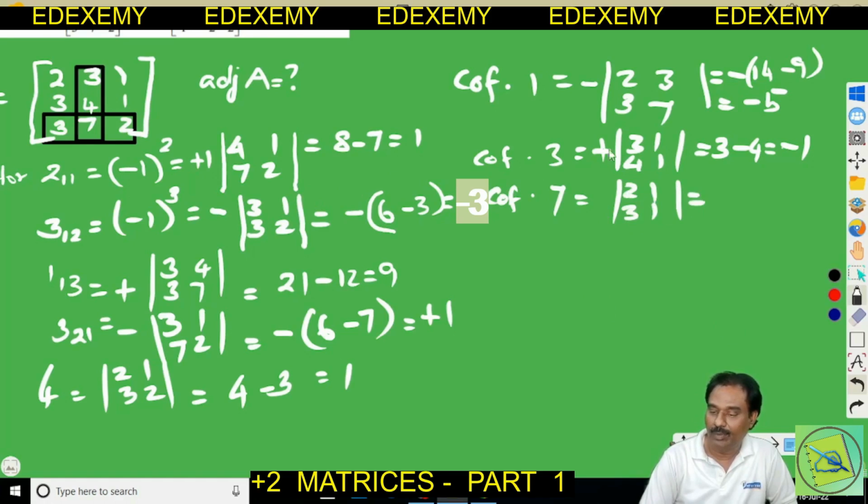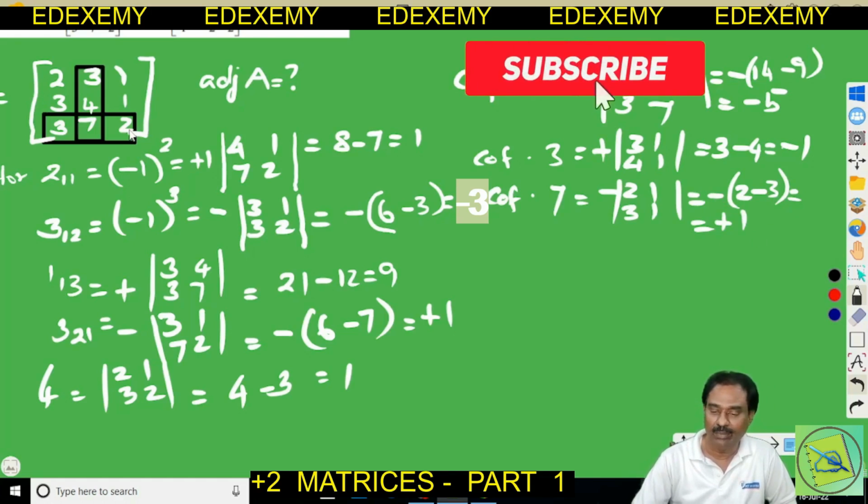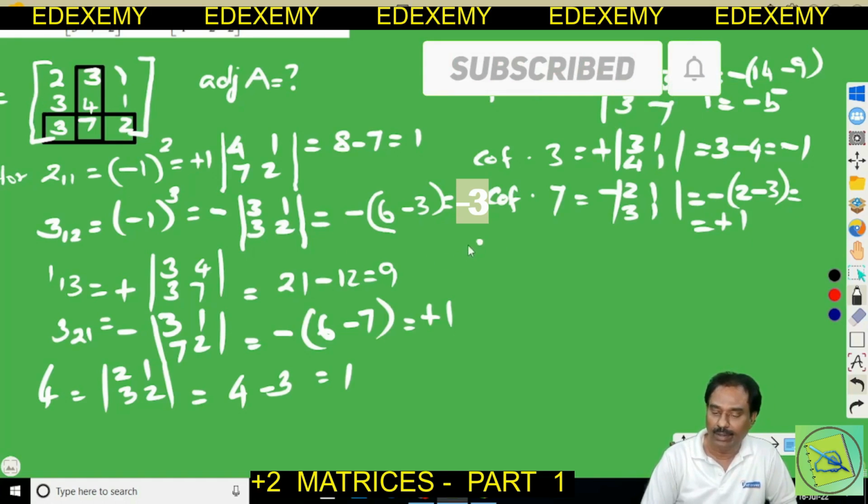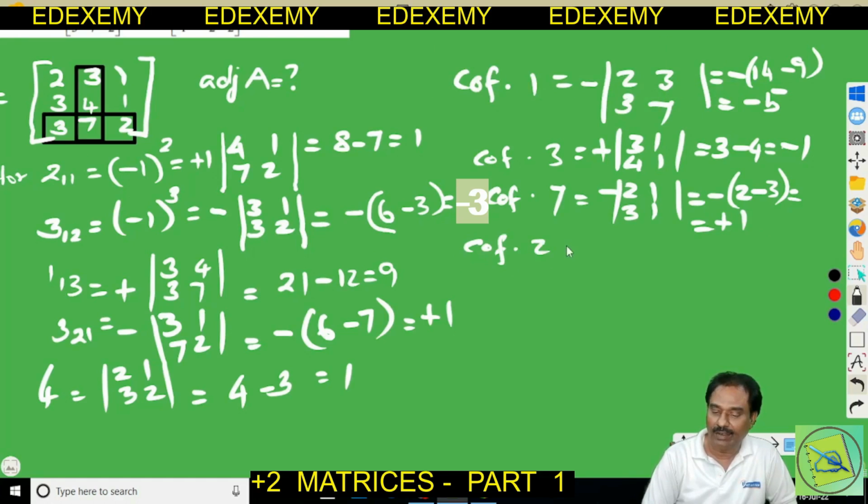We will find the value. It's negative of 2 into 1 is 2, 3 into 1 is 3, minus 3. 2 minus 3 is minus 1, minus of minus is plus, therefore plus 1. The value is plus 1. So the final one, cofactor of 2, which is in the third row, third column.